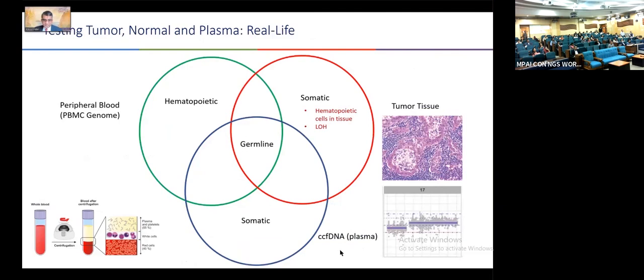What it meant is that now we are looking at different compartments, sometimes in tumor tissue, sometimes in blood, sometimes in plasma, and that does create this type of a combination of where is the variant coming from and what does it mean. Is it a somatic variant? Is it a germline variant? Is it a hematopoietic origin CHIP variant?